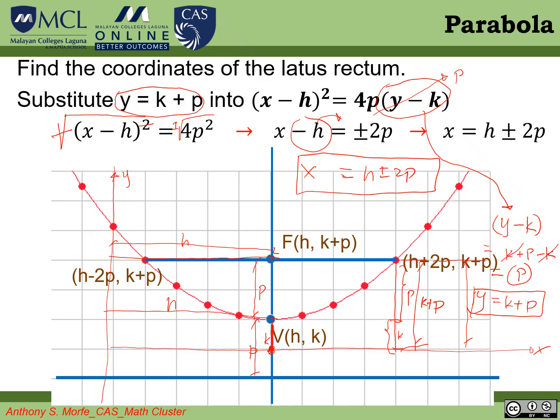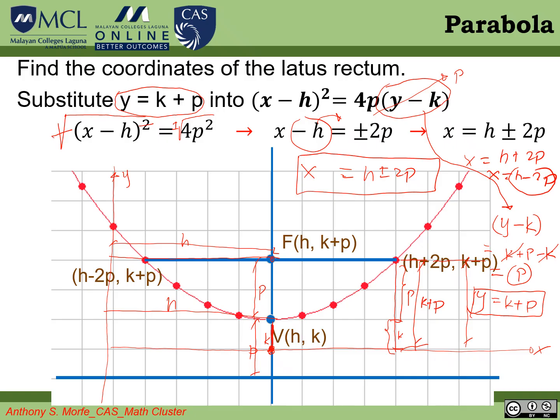This is the abscissa of this point. We know h is positive, then we have plus and minus 2p here. In other words, we have x equal to h plus 2p, and the other x is equal to h minus 2p. This part here, h minus 2p, is on the left side.